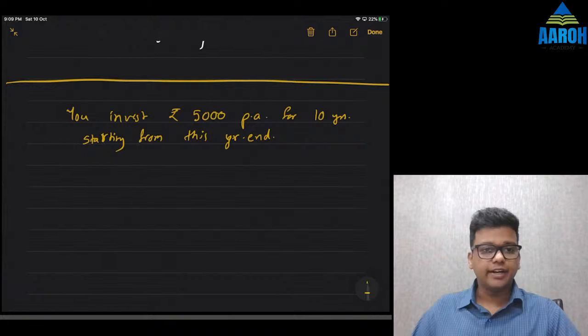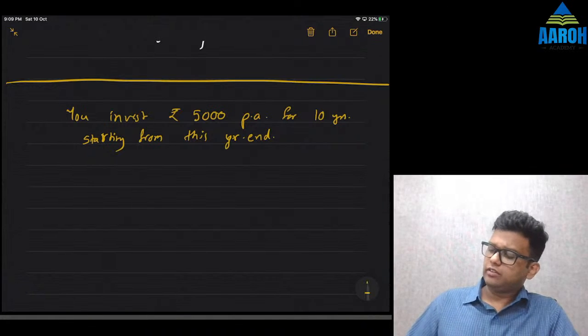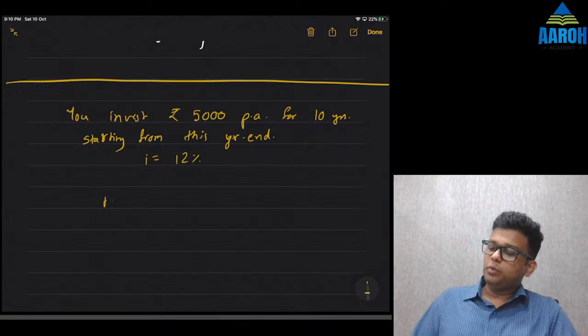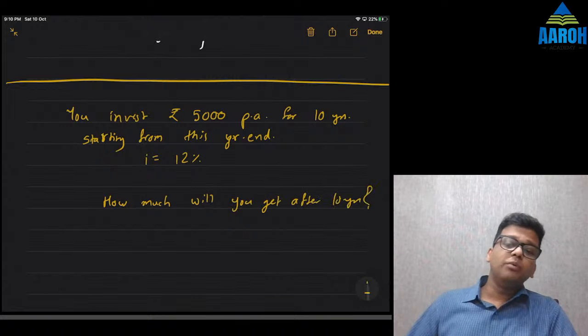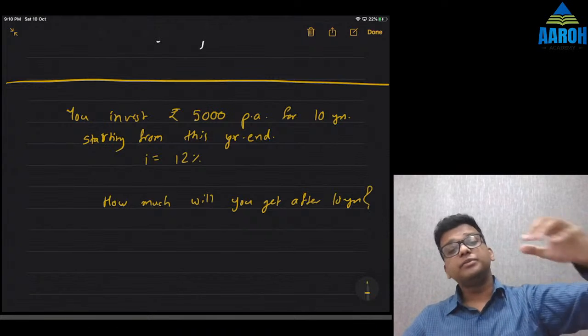I is equal to 12%. How much will you get after 10 years? How much will you get after 10 years means that is our future value.